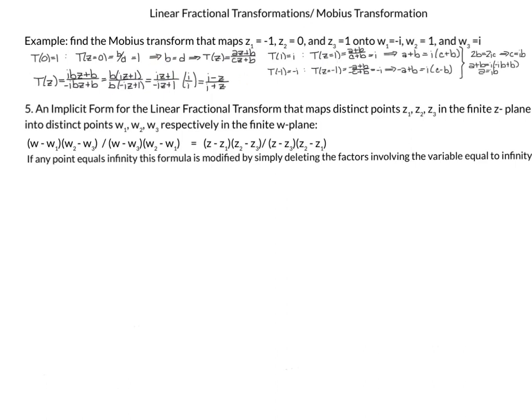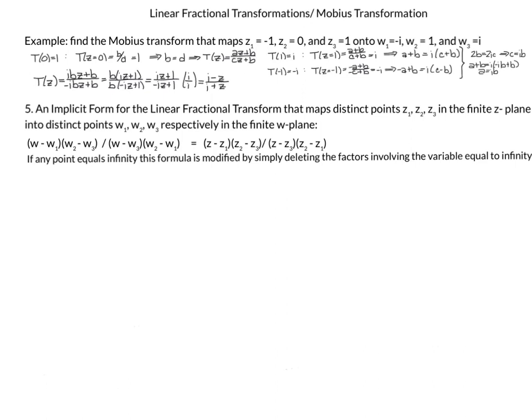This problem here and the last one wasn't too difficult to do by plugging in and solving some algebra, but there is an implicit formula for the linear fractional transformation that maps z1, z2, z3 onto w1, w2, w3 respectively.